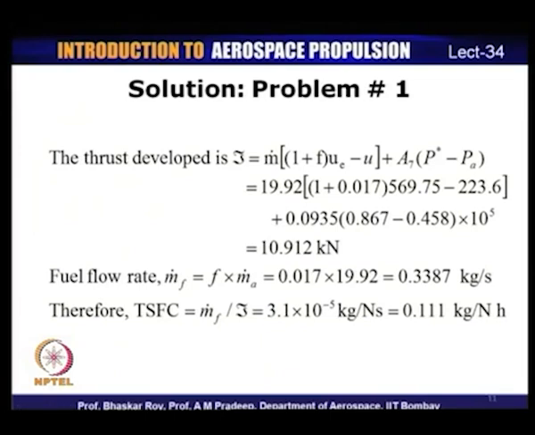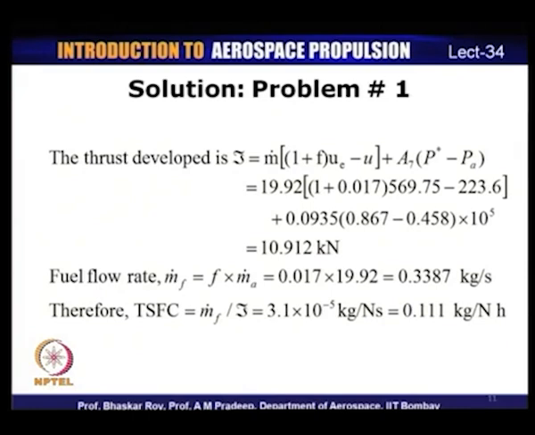So, the total thrust developed by the turbojet engine here is 10.912 kilonewtons. Therefore, fuel flow rate, m dot f, is equal to f into m dot a, that is 0.017 into 19.92, which is equal to 0.3387 kilograms per second.